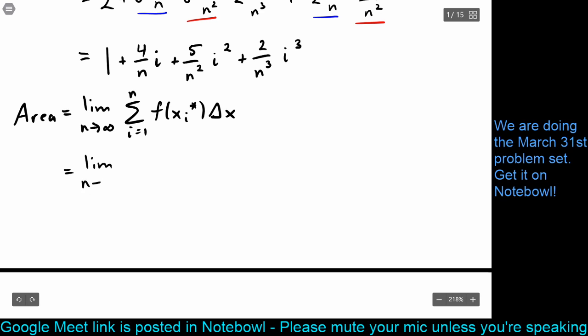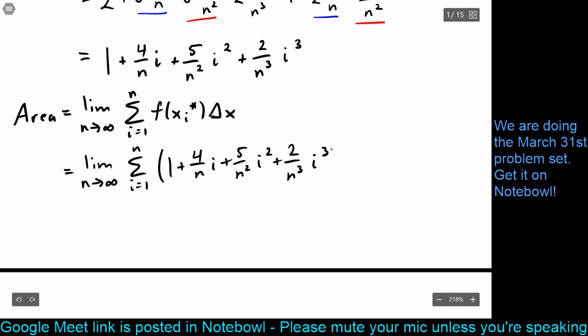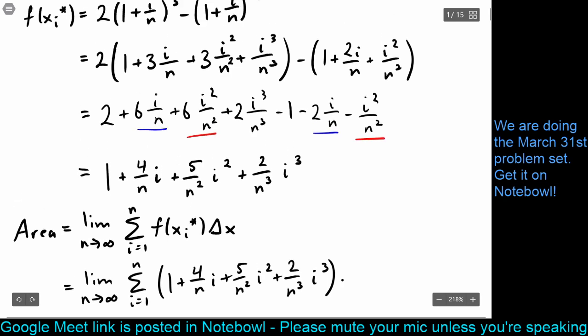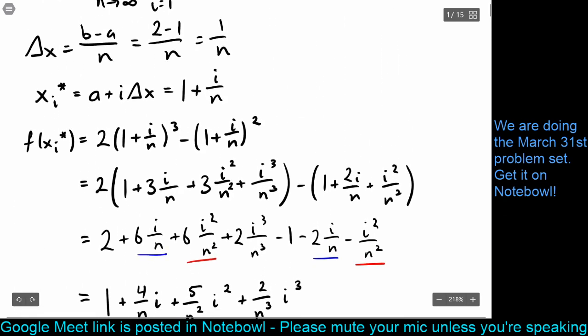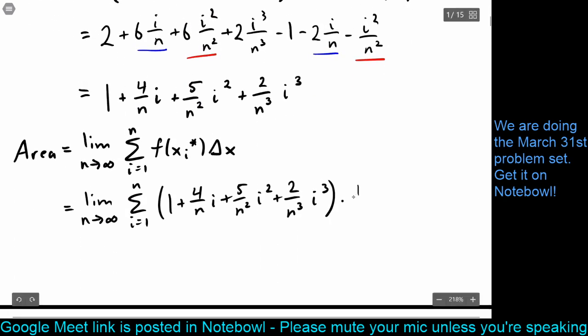Limit as n goes to infinity of the sum i equals 1 to n of all this stuff times, let's see, what was delta x? 1 over n. At least that part's nice.